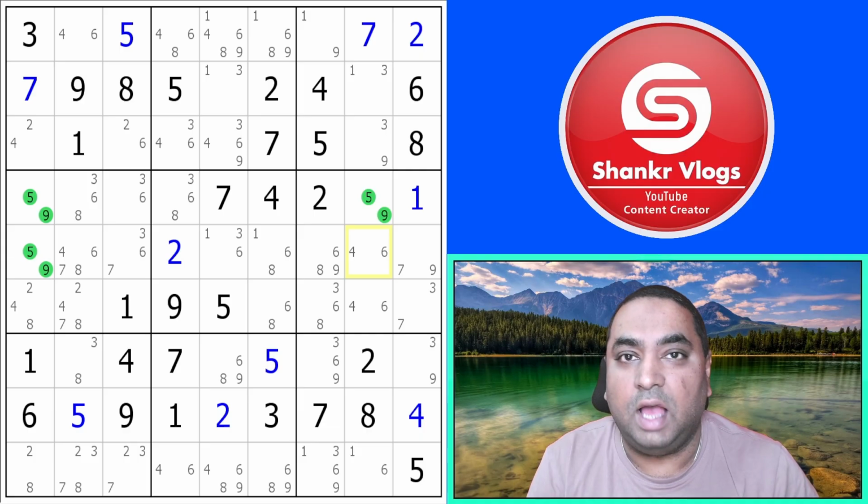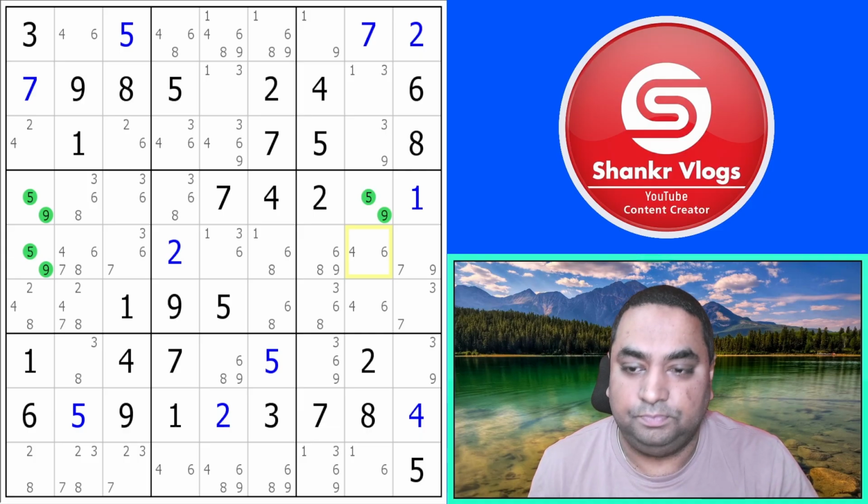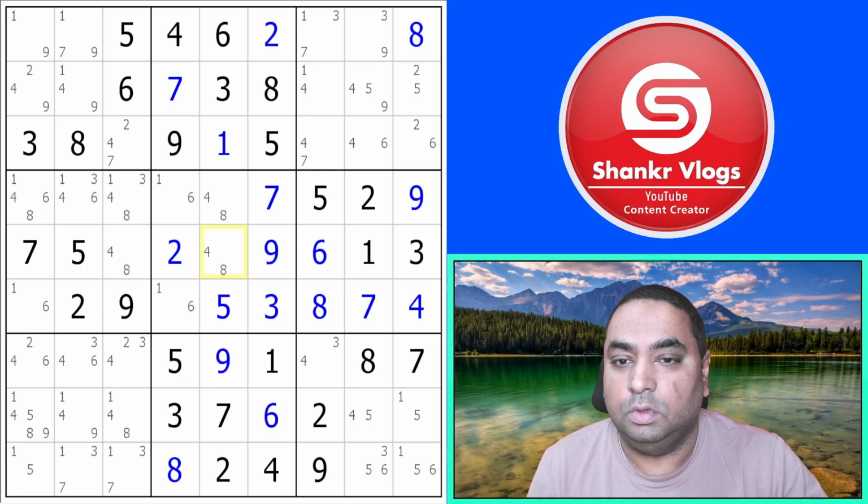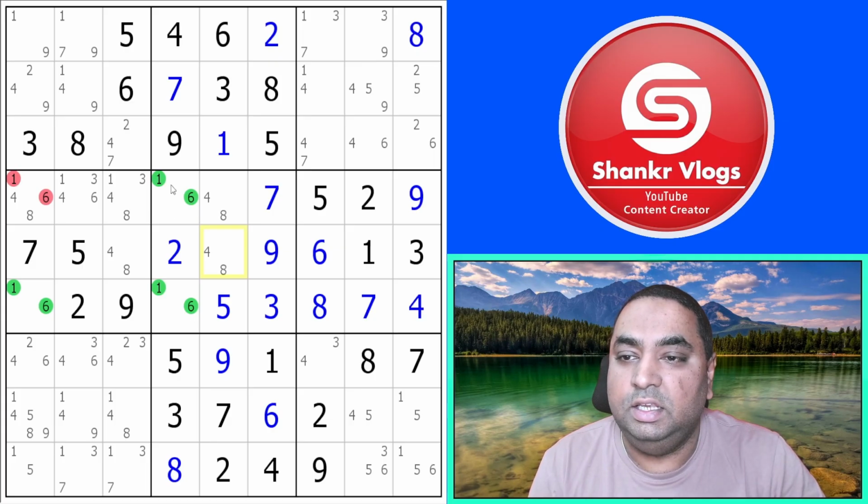Now we will see another example of type 1. See here, 1 and 6 are the UR candidates, and the 3 cells are occupied with only 1 and 6.